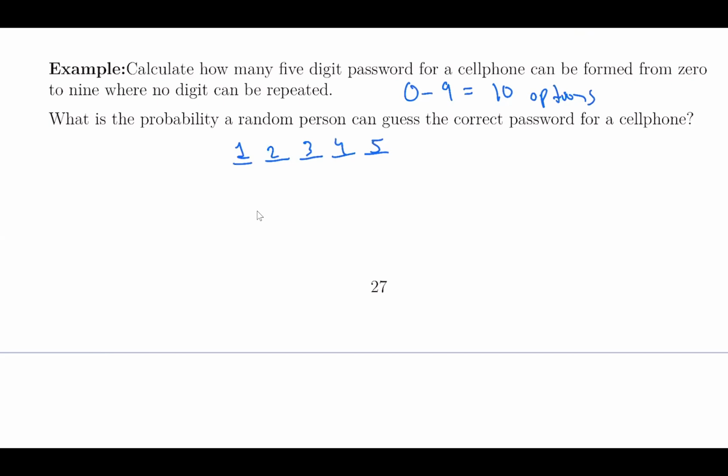All right. So when I'm choosing the first number, how many options do I have to choose from? What about when I'm choosing the second number? How many options do I have to choose from? Cool, thanks, Javier. So you get 10, 9, 8, 7, and 6. So let's do 10 times 9 times 8 times 7 times 6.